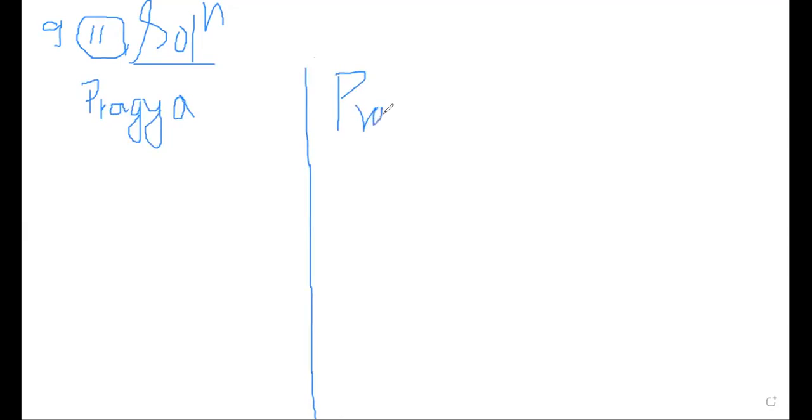Listen, this question number 9.2 is asking that there are three persons. The first person is Pragya. The second person is Pranav.